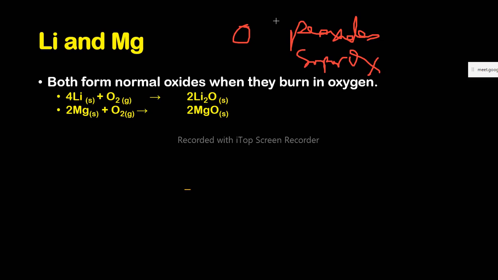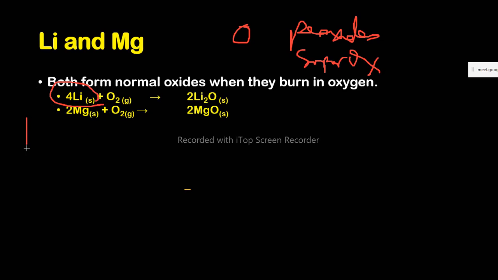And why does it do so? It is because lithium has a high charge density. The charge density being high, it can accommodate the highly electronegative oxygen atom. Now that is lithium.